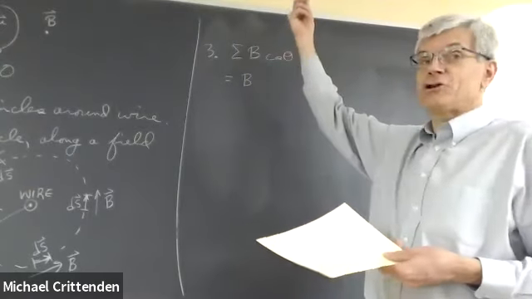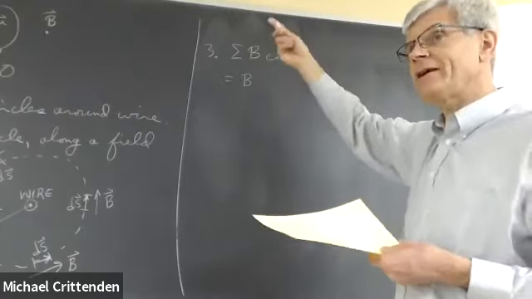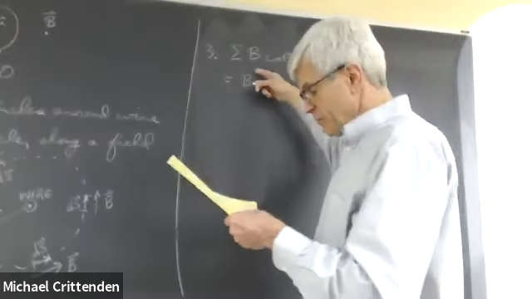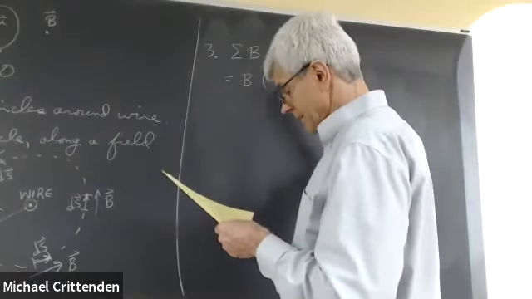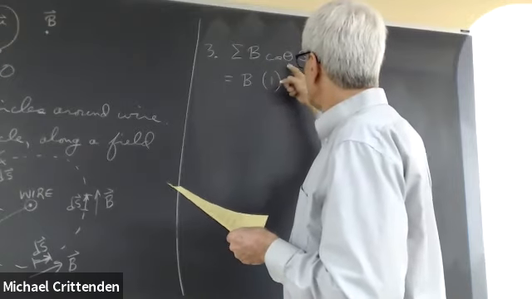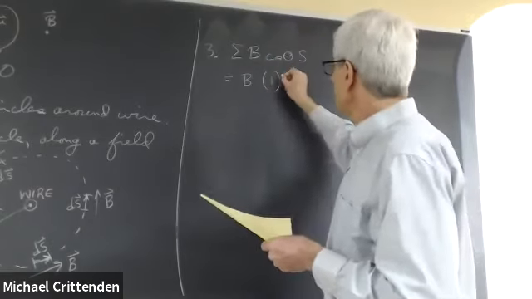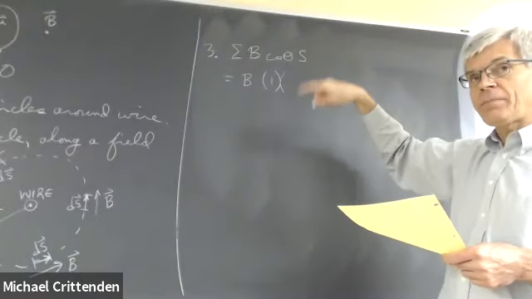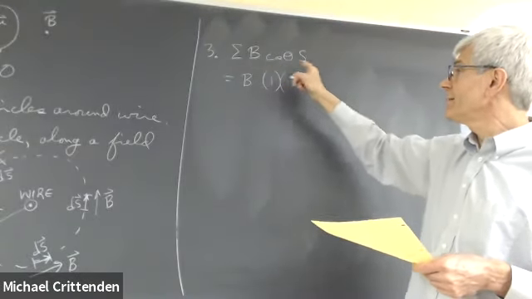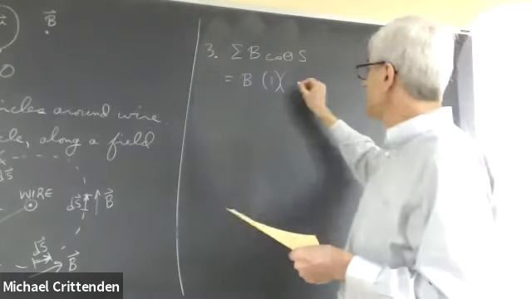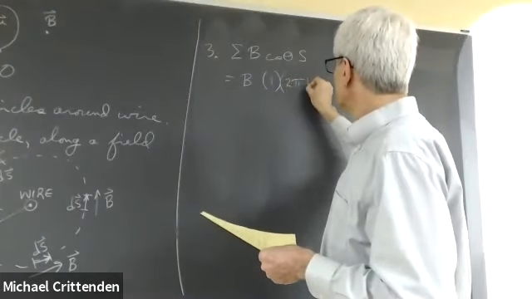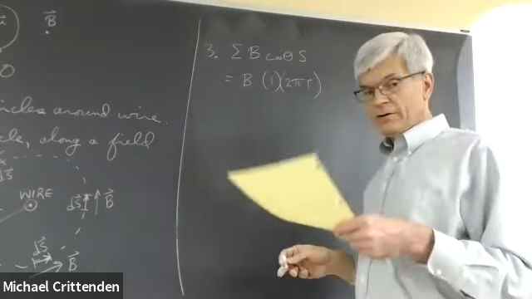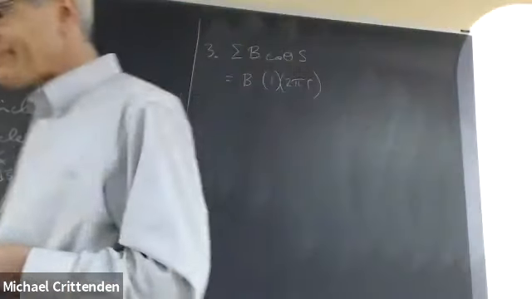It's a summation with one term in this case. B is my unknown. The cosine factor is equal to 1. S, remember, stands for the length of the path. This is the strength times the length, and it's a circle. Circumference of a circle is 2 pi r.